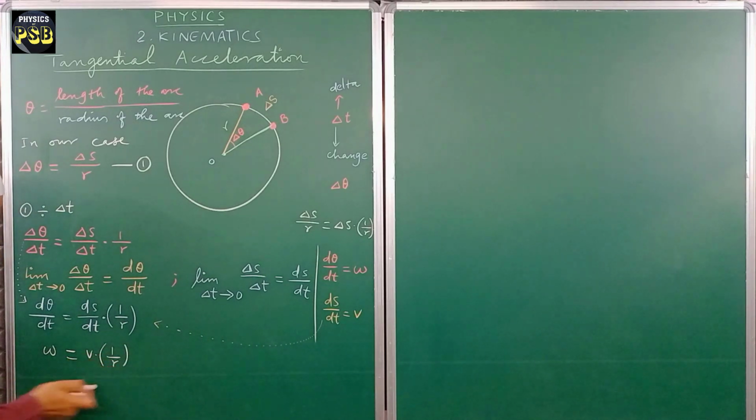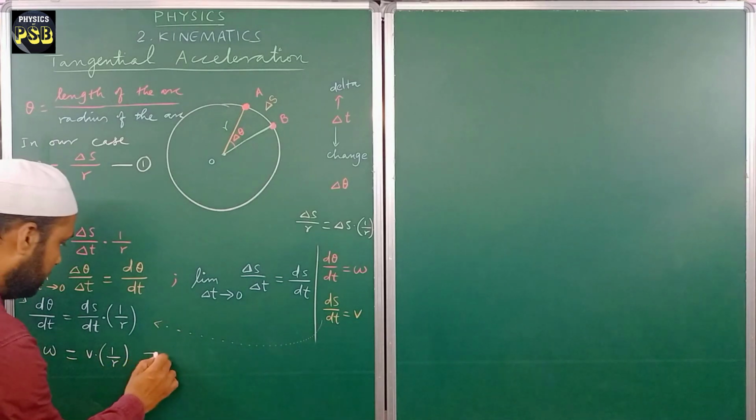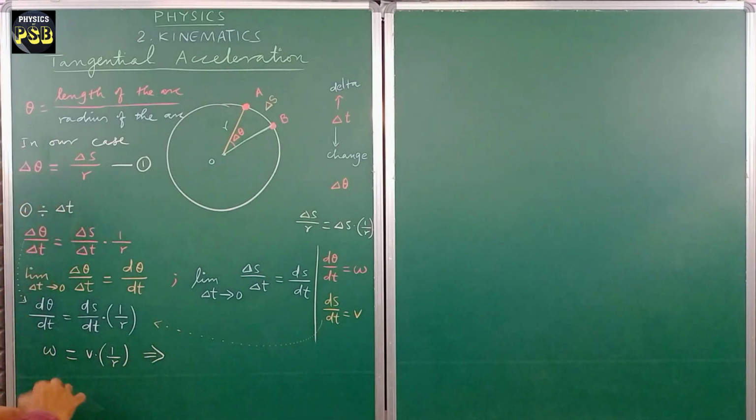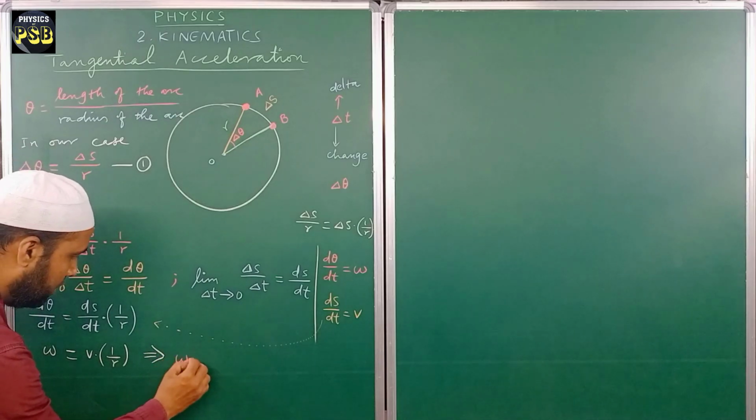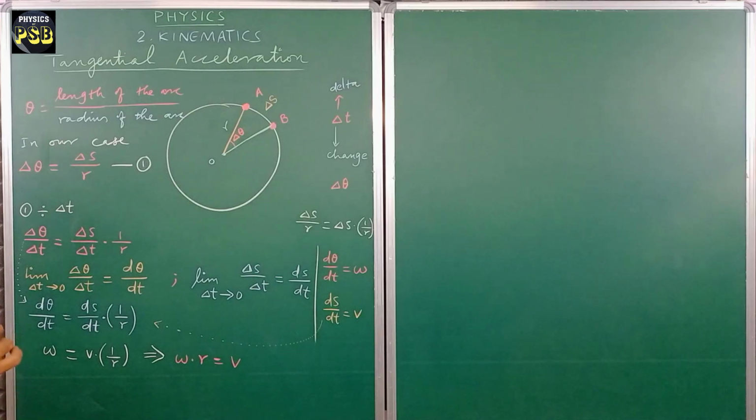Now I take r to the other side. Here it divides with v. When it is taken to the other side, it will multiply. So what I'll get is omega r equals v.